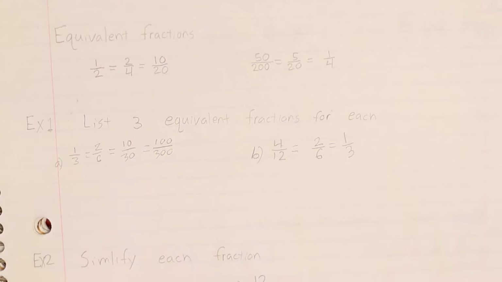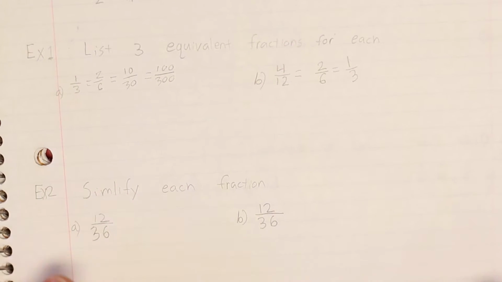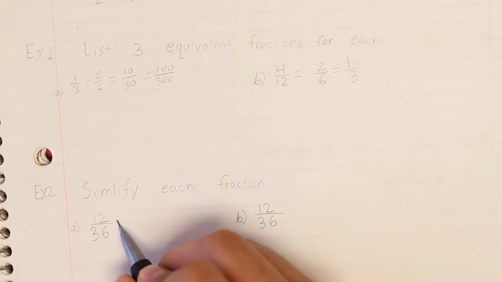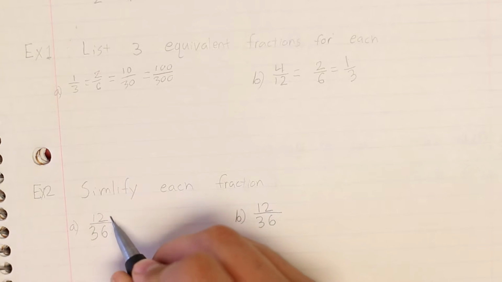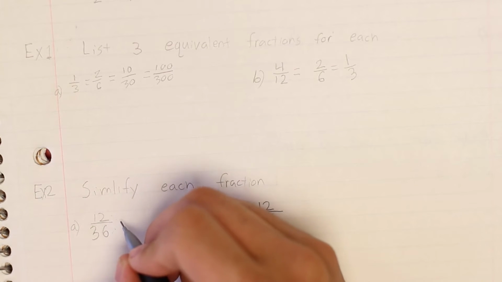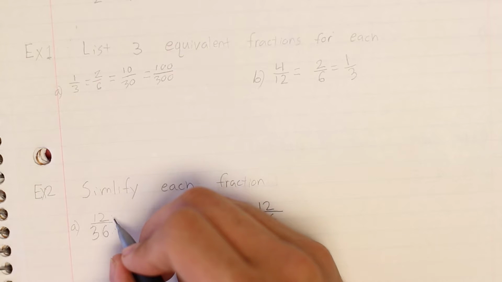Let's take a look at example 2. You're told to simplify a fraction. That means get it to its smallest term. Now you can do this a few ways. One way, example A, is where you reduce it by saying, hey, 2 can go into both of them. 2 is a factor of both of them. This is kind of where we use the whole factors thing.